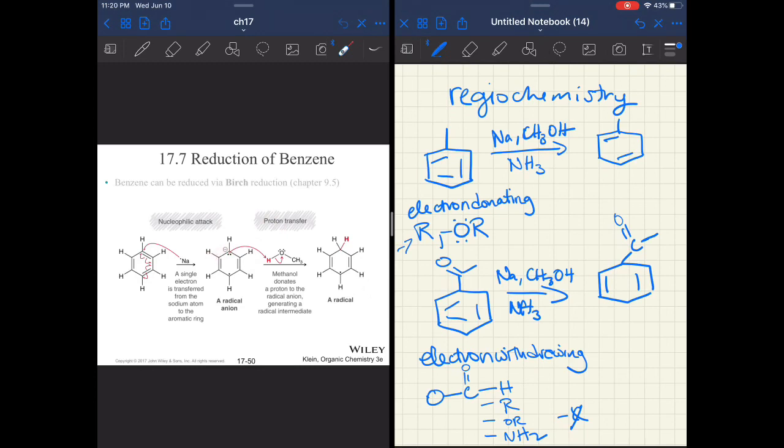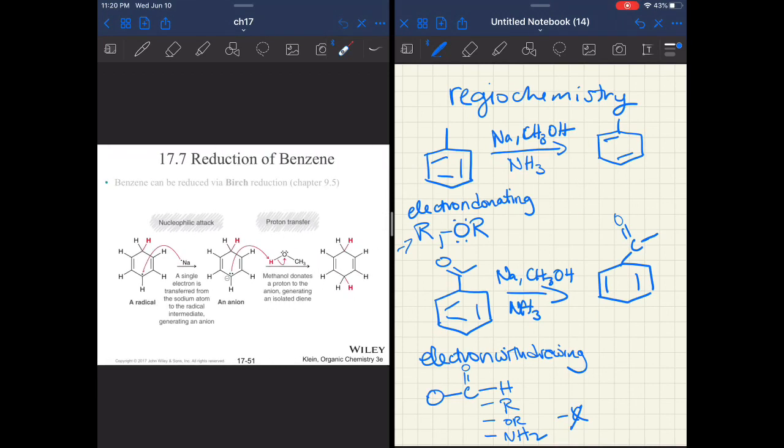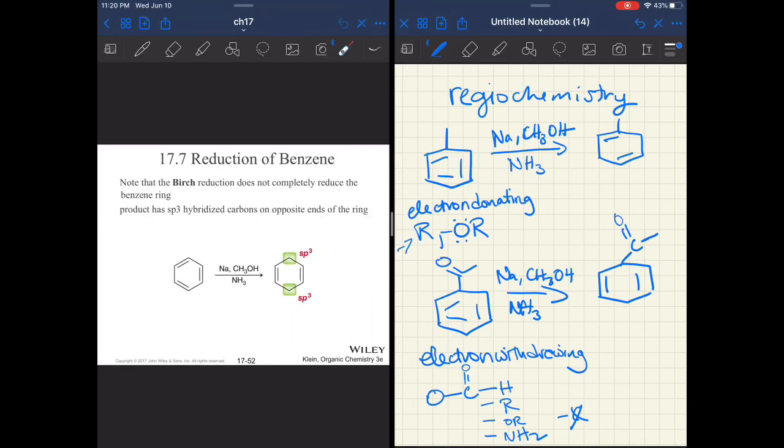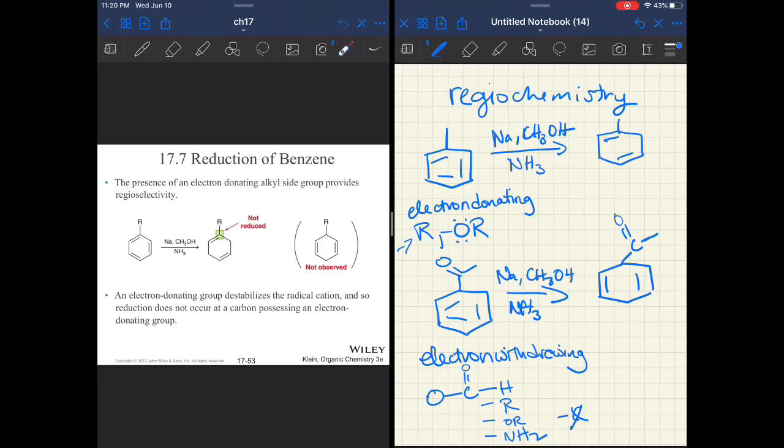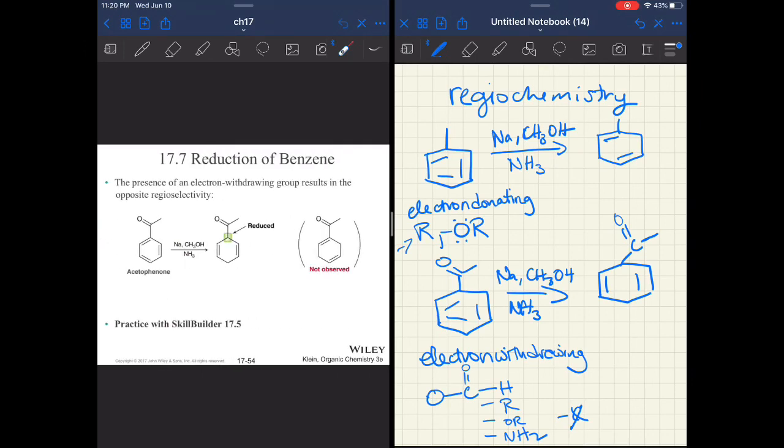And so, because it stabilizes these intermediates, the major product would have the carbonyl on one of the carbons that picks up new hydrogen. And of course, this is explained in the following few slides. And it's not even so much a major and minor product. One product is made, the other one is not. R groups, again, electron donating. And then for your electron withdrawing, you're most likely going to see some sort of carbonyl compound.